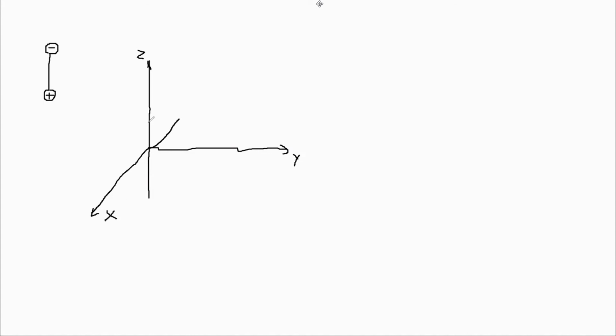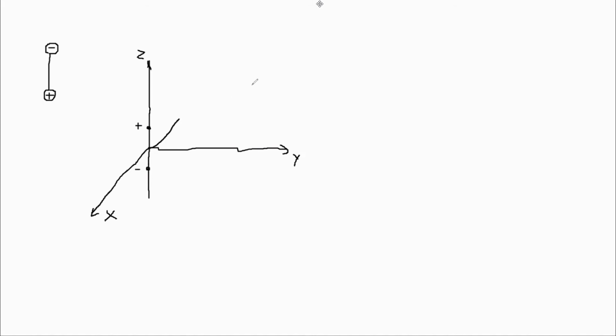Now imagine that here we have one point, and here another point. Here it will be plus, and here minus.